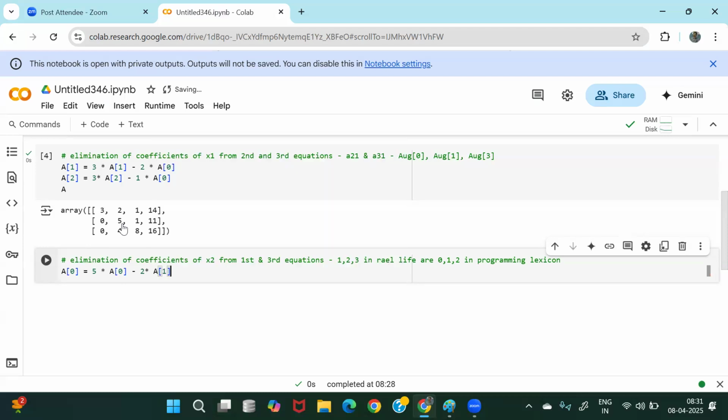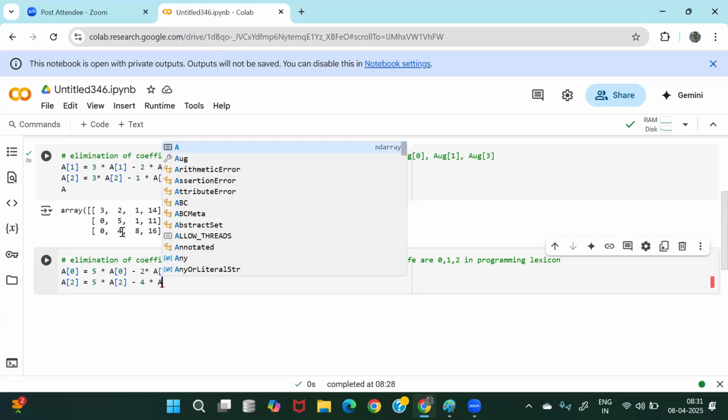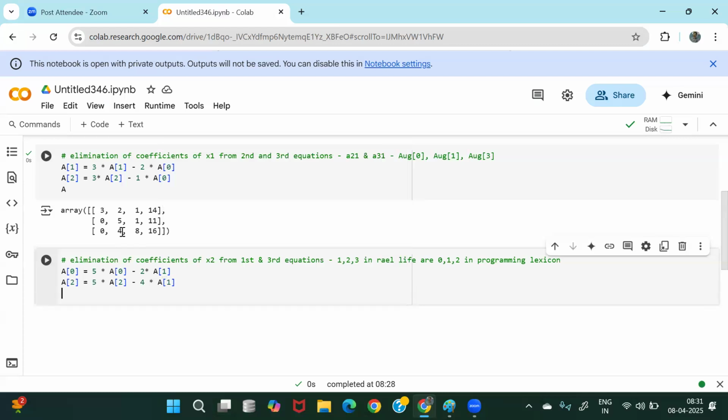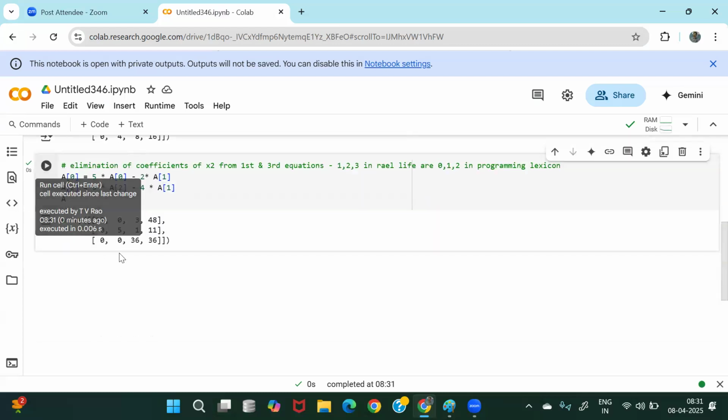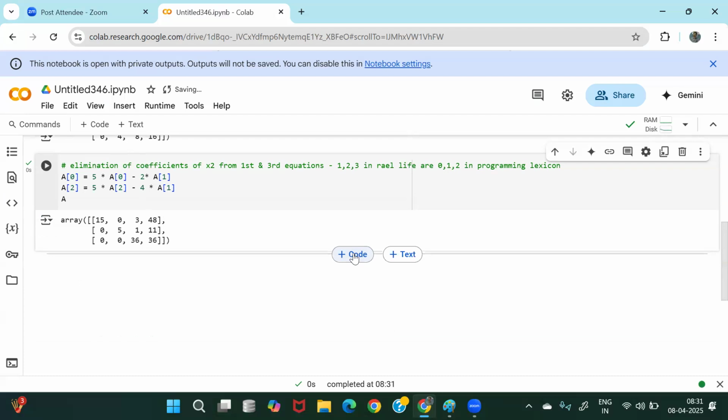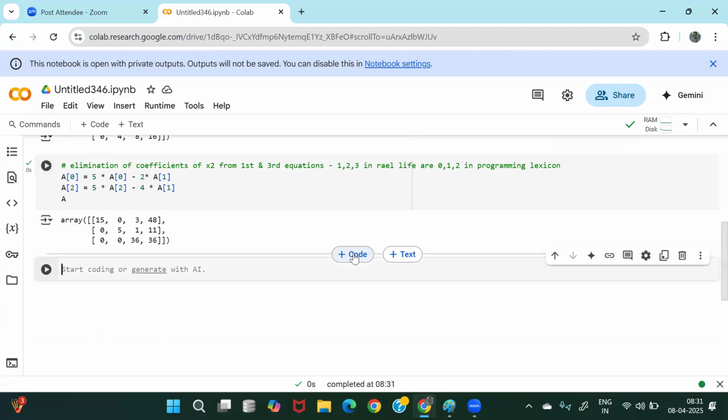The second row is A1. Similarly, the last row: reference is the second row, 5 into that row minus, what's the coefficient there? 4. 4 into the reference row. Check the result. Now you got 2 zeros in column number 2.